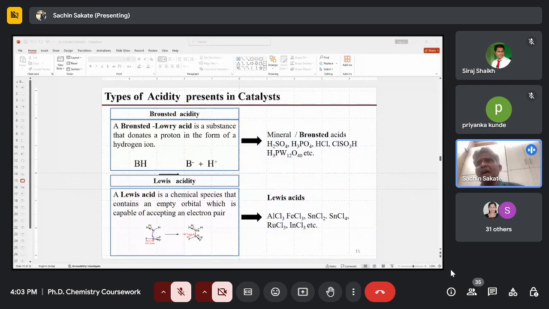Bronsted acids like H2SO4, H3PO4, HCl, chlorosulfonic acid, heteropolyacids like phosphotungstic acid; Lewis acids like aluminum chloride, FeCl3, SnCl2, SnCl4, ruthenium chloride, indium chloride, niobium chloride. Niobium pentachloride is one of the best acids yet to be explored in chemistry.